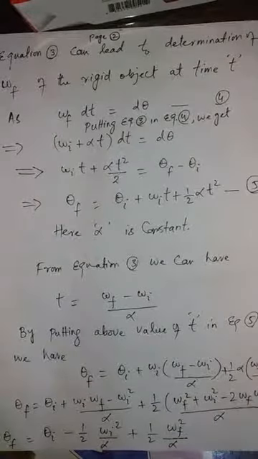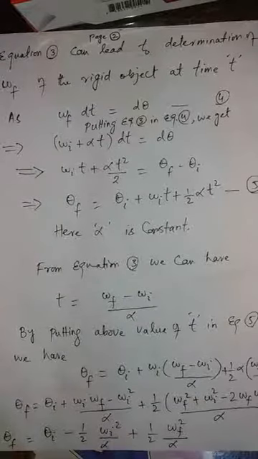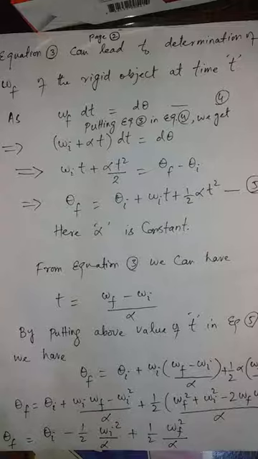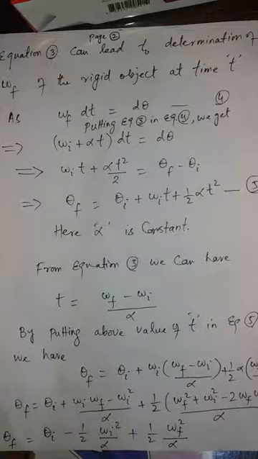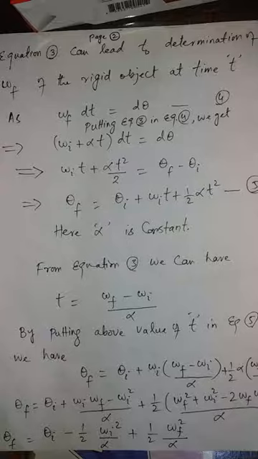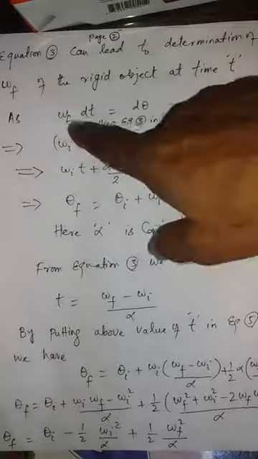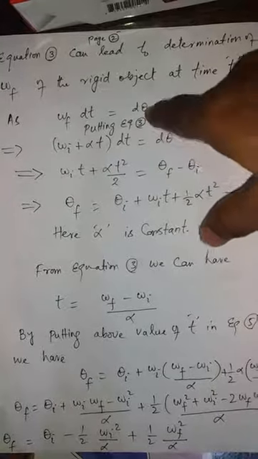Equation 3 can be used to establish some further relationships for angular motion, as we know that angular speed omega is expressed as the time derivative of angular displacement. If we replace omega with omega f, then the expression takes the form omega f dt is equal to d theta.